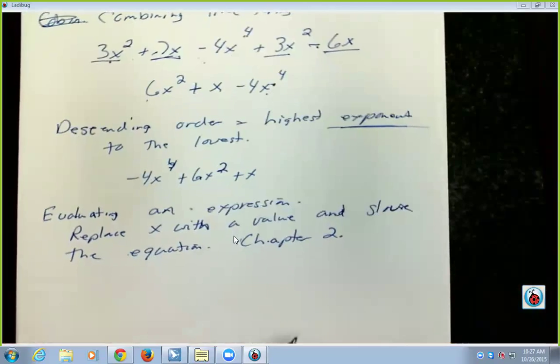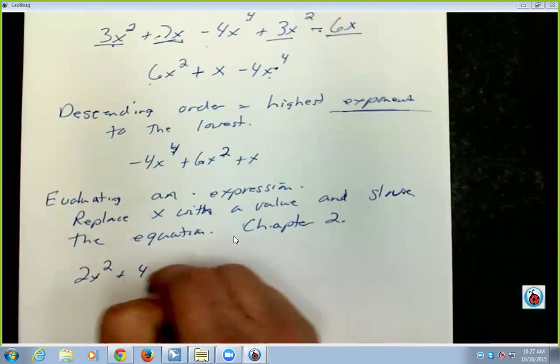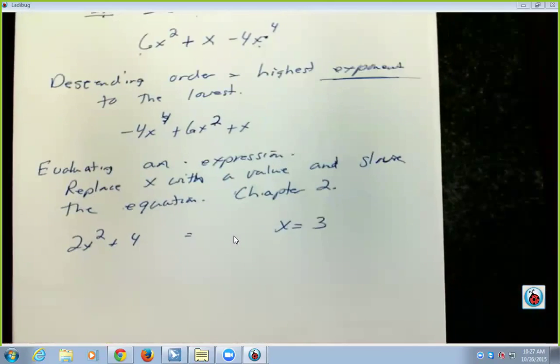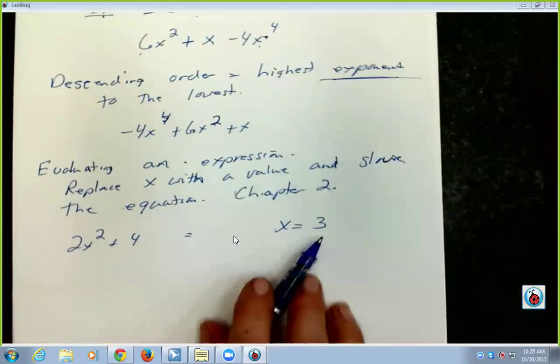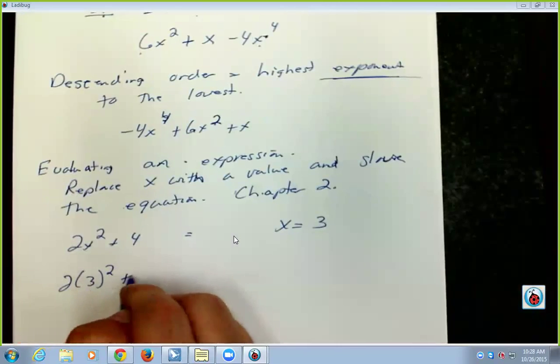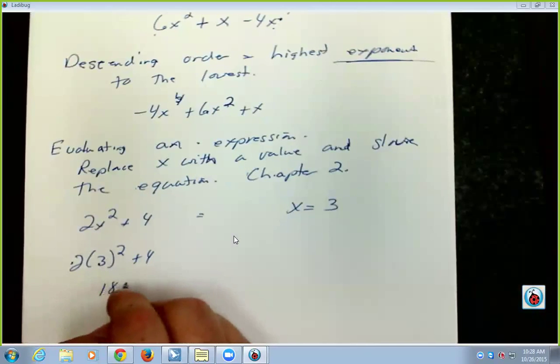So anyway, when you evaluate an equation, if I had 2x squared plus 4, and it tells you that x is equal to 3, what would be my solution? So I would go back, replace x with 3, and solve it. So 3 squared is 9. 9 times 2 is 18.